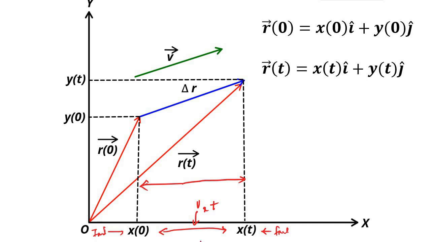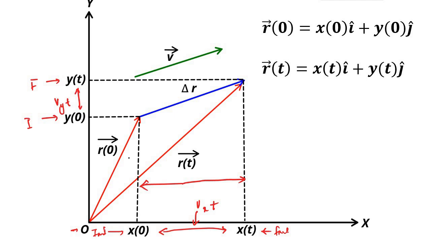Similarly, here along the y-axis, this is the initial position, this is the final position, all measured with respect to the origin. The net displacement along the y-axis is this much, which is equal to vyt. So y0 plus vyt gives us yt.